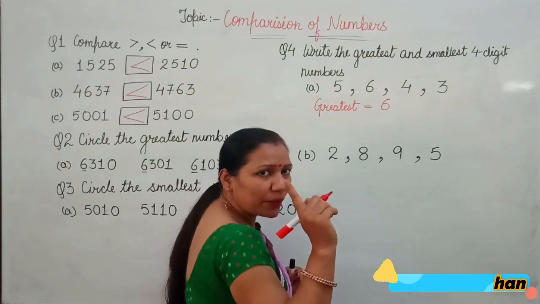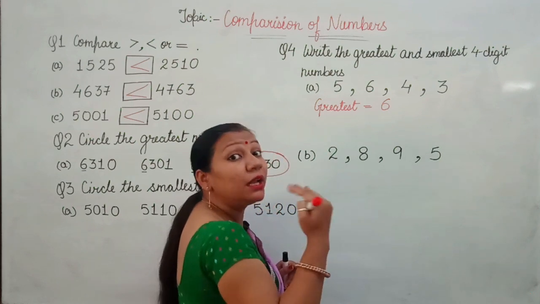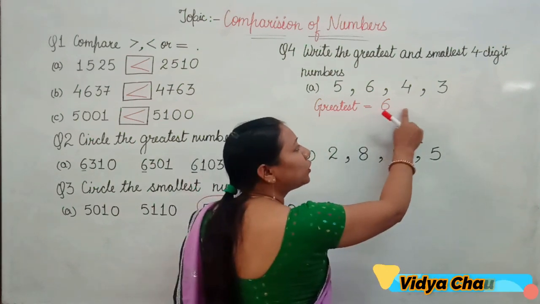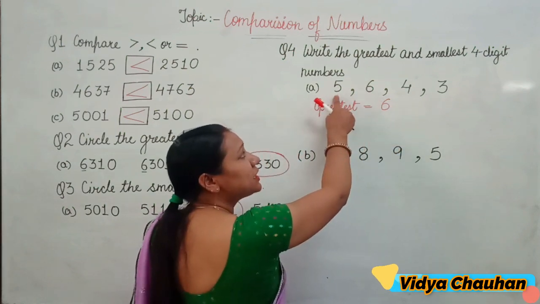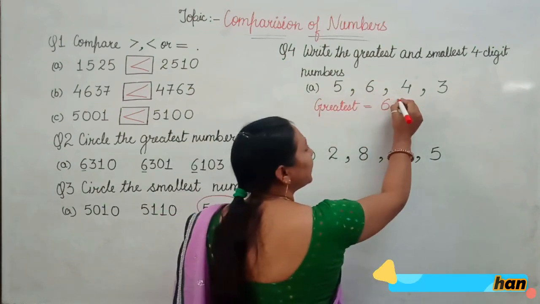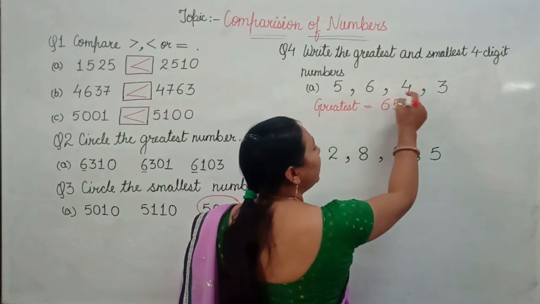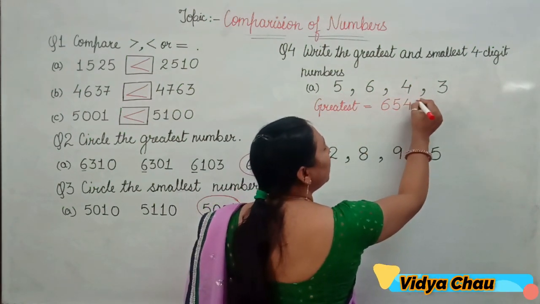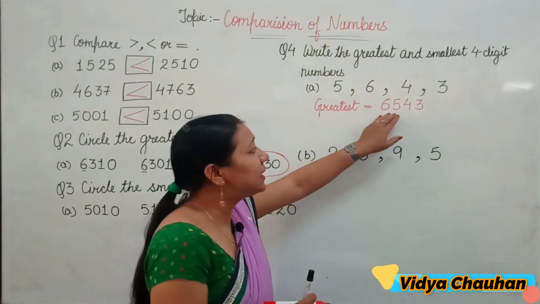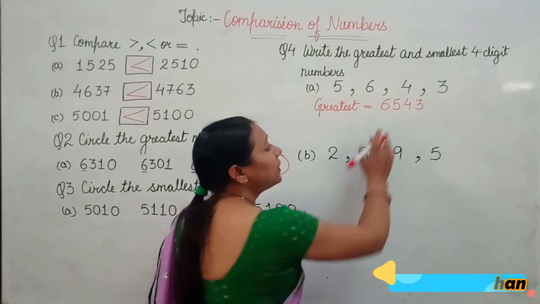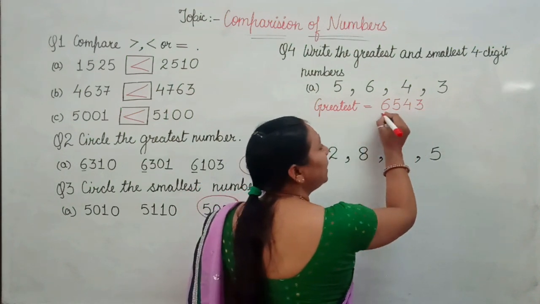Do not put commas now, because you are forming numbers. So you will not put commas. 6. After 6, which is the next smaller one? 5. Then after 5, the next smaller value is 4 and the smallest value is 3. So which number is this? 6543.